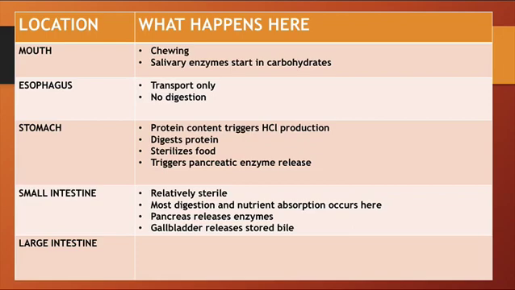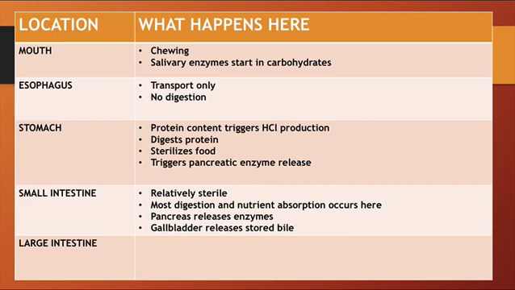But this is where most of the action happens. The small intestine, again, most of the digestion, most of the nutrient absorption happens there. And we have a lot of activity from these accessory organs, the pancreas and the gallbladder, releasing a very broad spectrum of enzymes, as well as the stored bile for fat digestion.